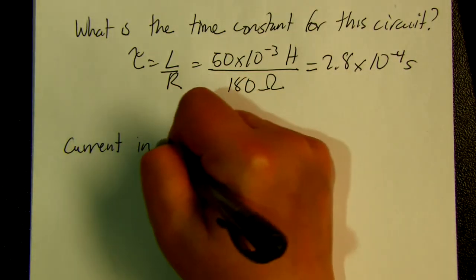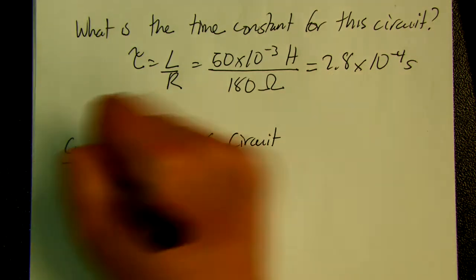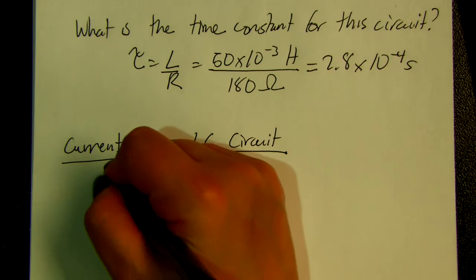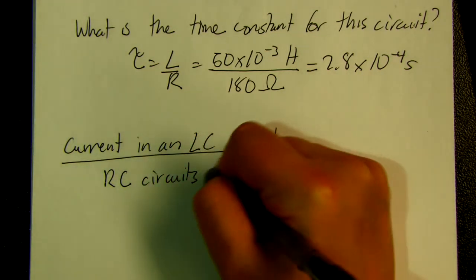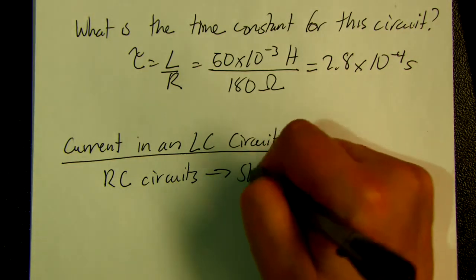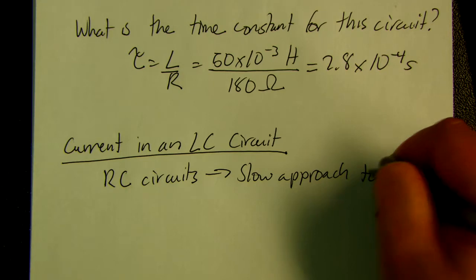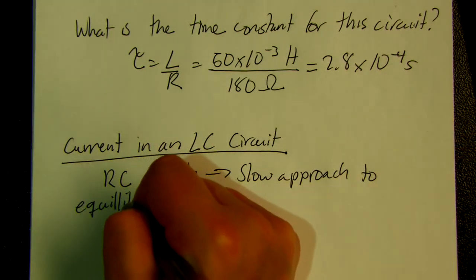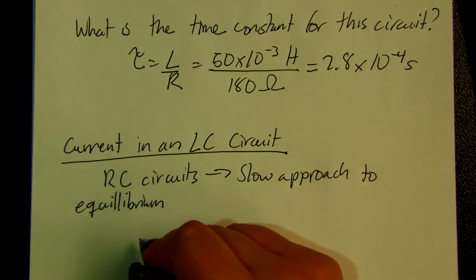So, current in an LC circuit. Last time we did RL circuits, now we're doing LC circuits. So RC circuits: slow approach to equilibrium. We watch light bulbs dim many times.